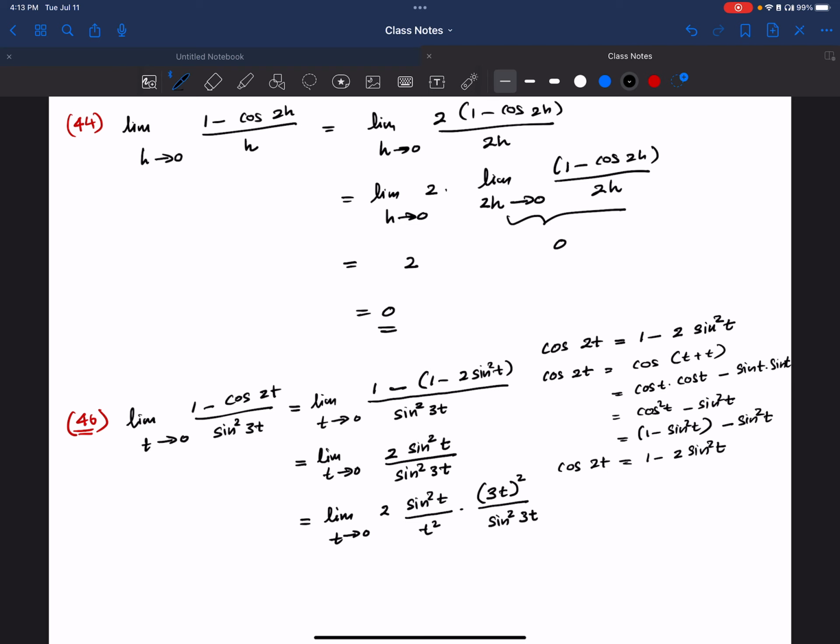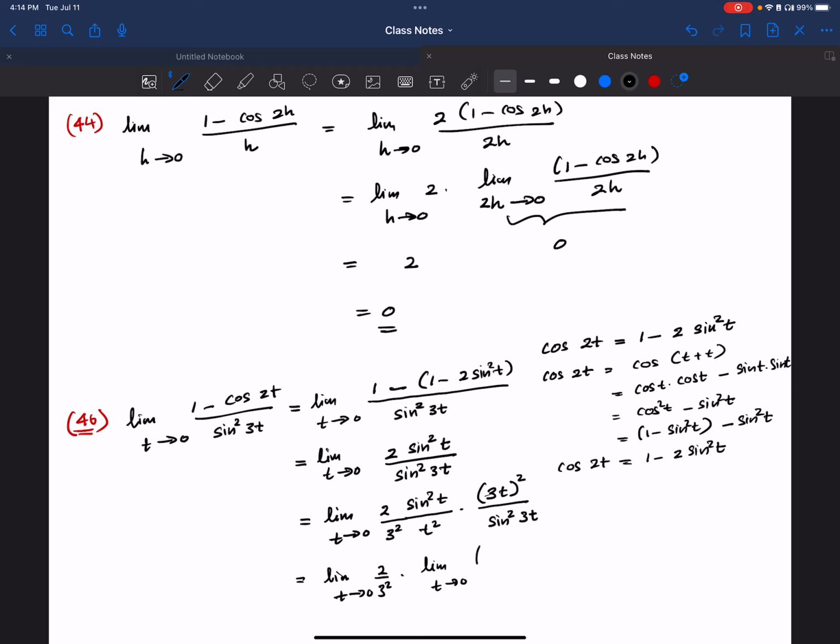Since you have an extra 9, because 3 is squared, I'm going to add 3 squared here, so that cancels out. So we have the limit as t goes to 0 of 2 over 3 squared times the limit as t goes to 0.